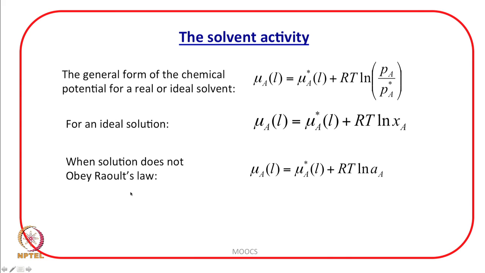When the solution does not obey Raoult's law, meaning both the solute and solvent do not obey this equation mu is equal to mu A star plus R T log x A, then we can retain this type of equation, but in place of mole fraction we will write activity.